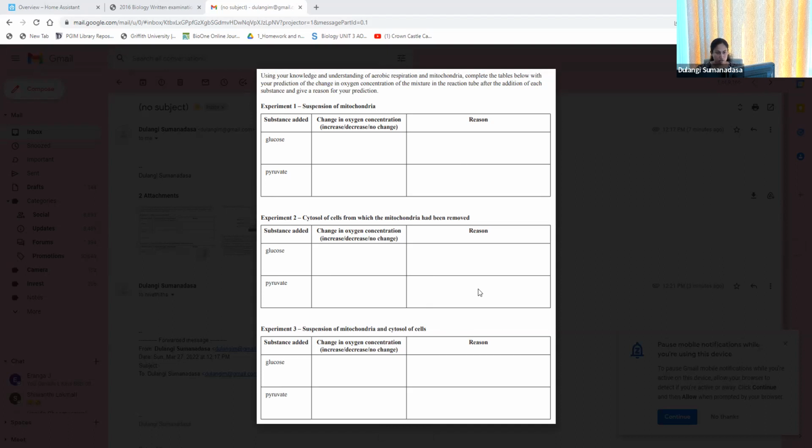Without the mitochondria available, the pyruvate can't break down further into any carbon dioxide. Krebs cycle and electron transport system will use the pyruvate as substrate, but to undergo this reaction we need the mitochondria, and mitochondria is absent. So oxygen concentration, no change.